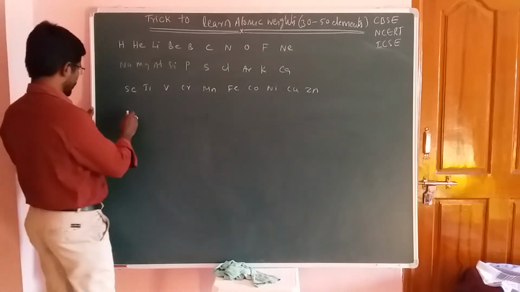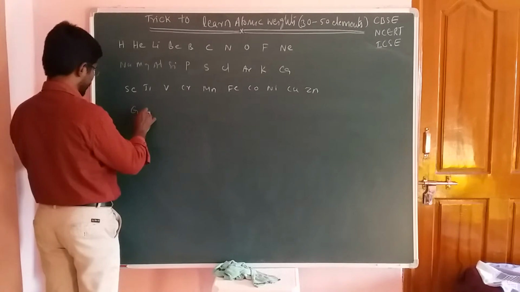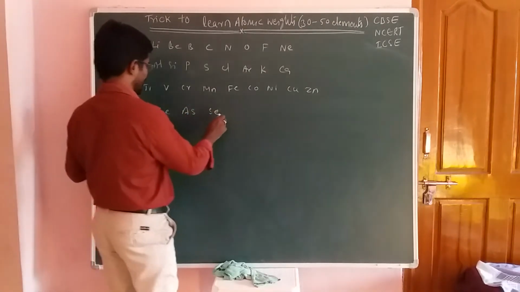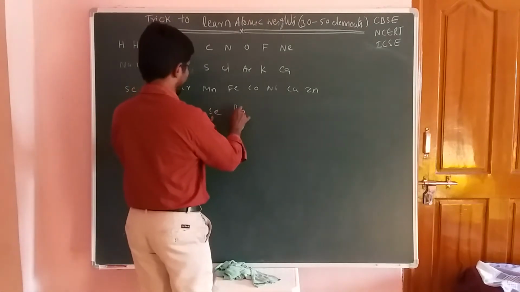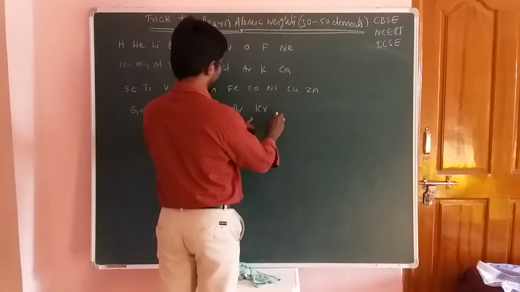And next we have to write 31 to 40. First is gallium, germanium, arsenic, selenium, bromine and krypton.